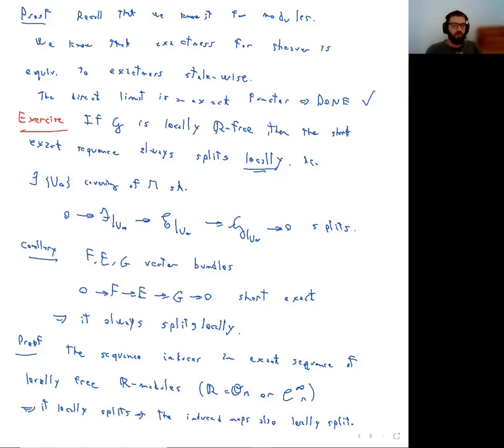You said, why did we do it for sheaves? First of all, we didn't define, for instance, splitting for sheaves yet, right? You can say, oh, okay, but you could have just said it and that's it. Maybe.